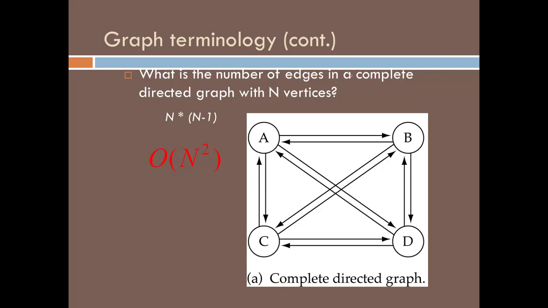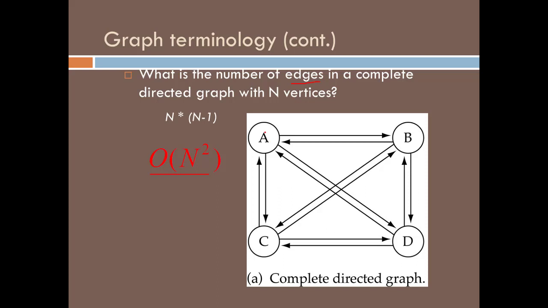So what is the minimum number of edges in a complete directed graph with n vertices? It will be equal to n times n minus 1, and the complexity of this particular kind of graph is n square. Here n represents the vertices, and the total number of edges can be calculated with this formula, n into n minus 1.